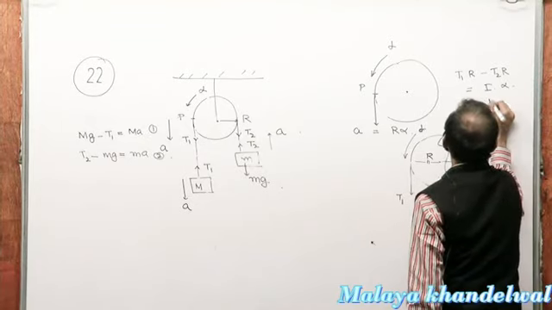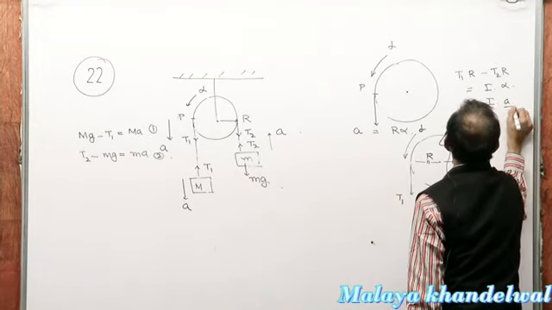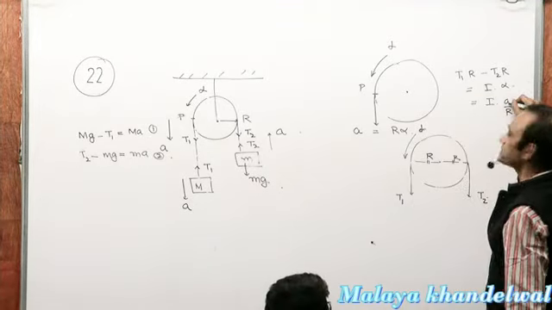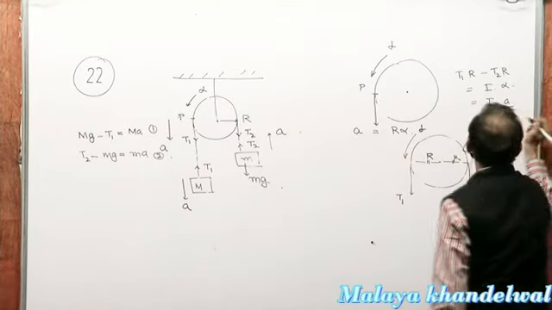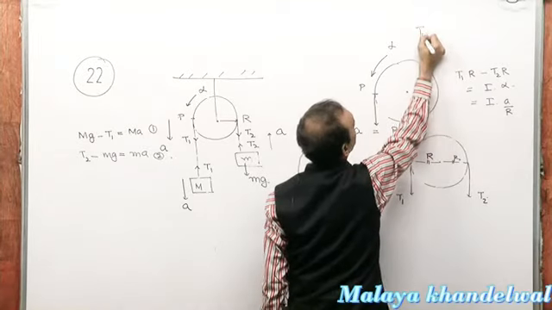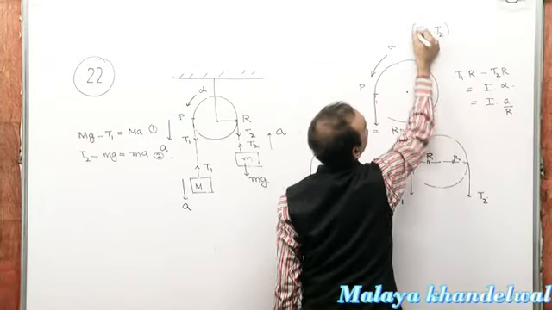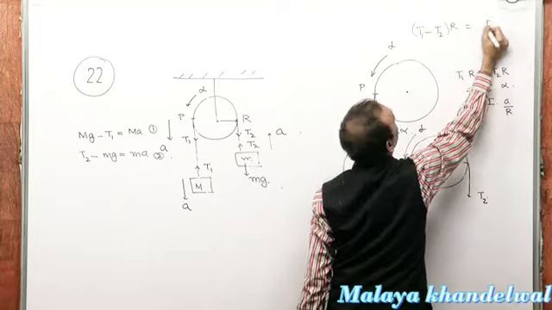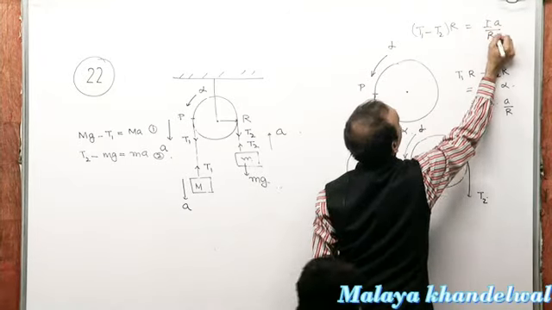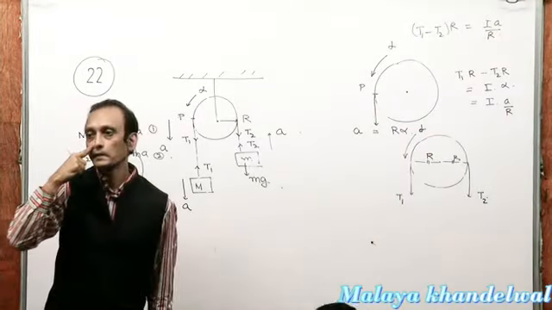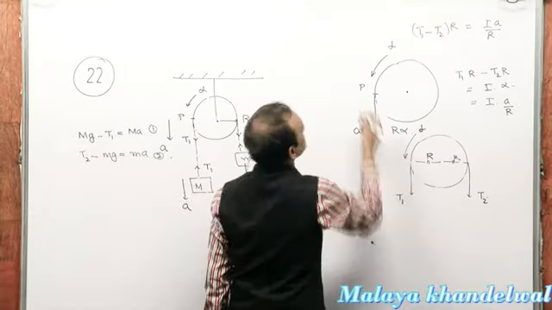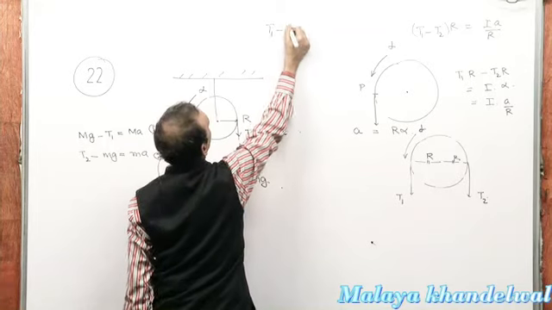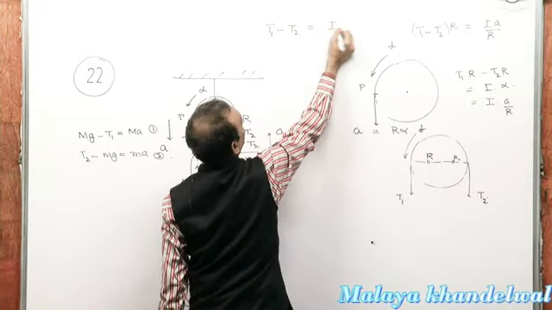But alpha is A by R, because angular acceleration is linear acceleration by R in pure rotation, right? So that gives me T1 minus T2 into R is I A by R. So T1 minus T2 is I A by R squared.